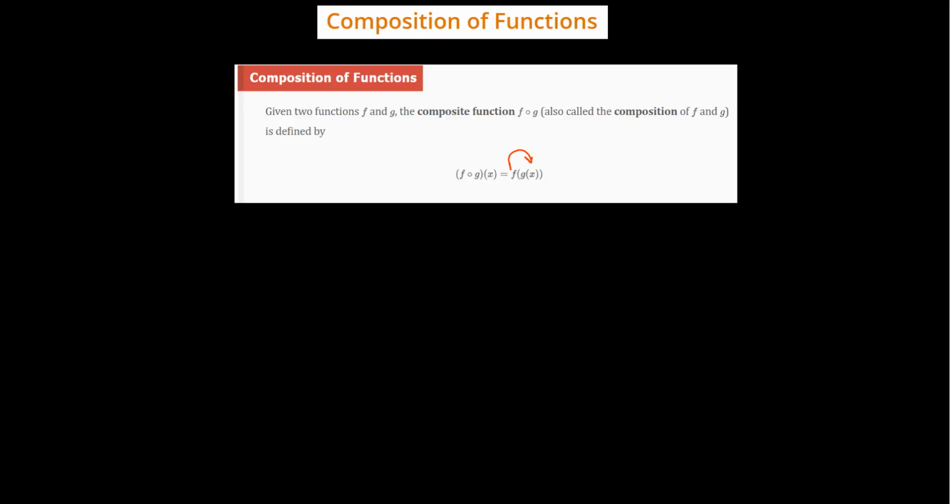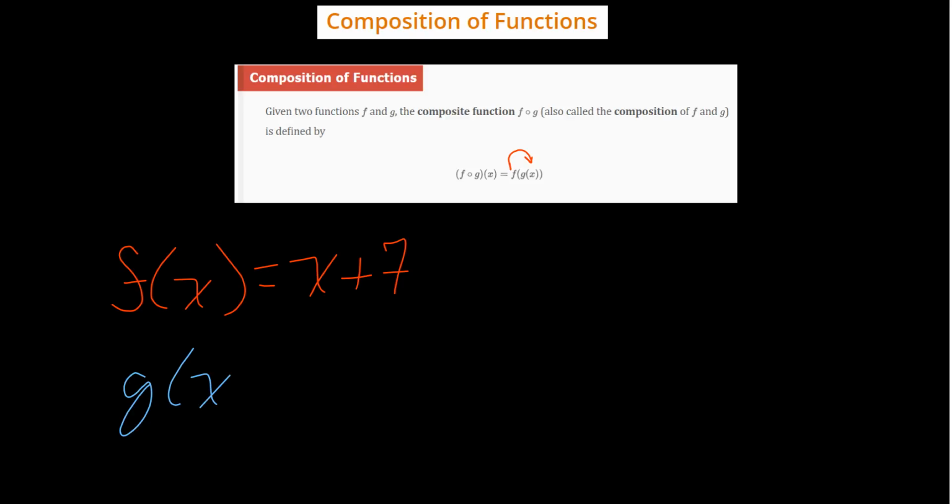So in the past, let's do this. Let's have some f of x, and we're going to call it x plus 7. We're going to have some g of x, we're going to make it blue, and call it square root of pi.